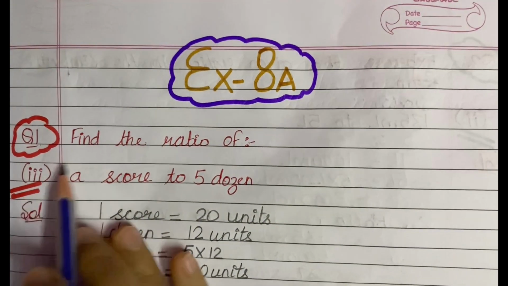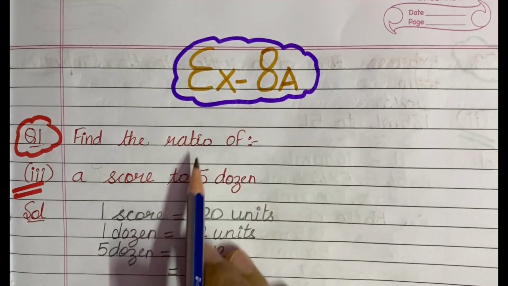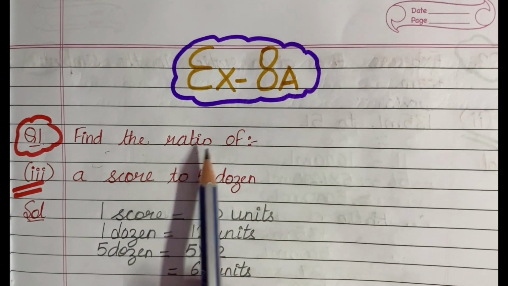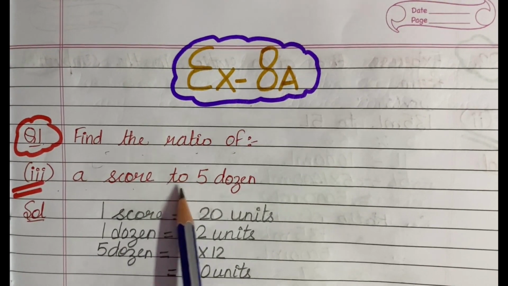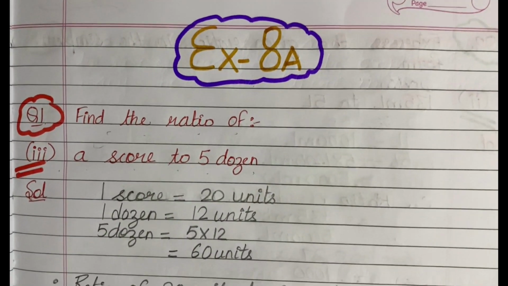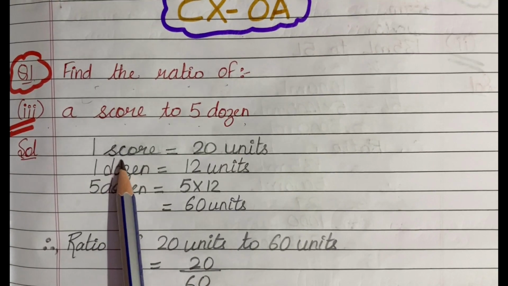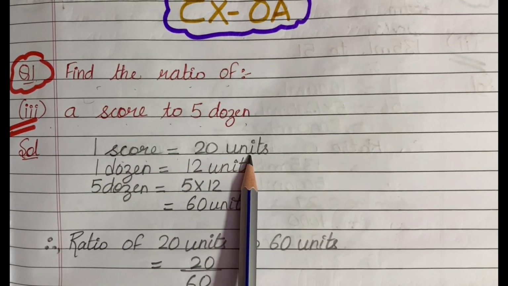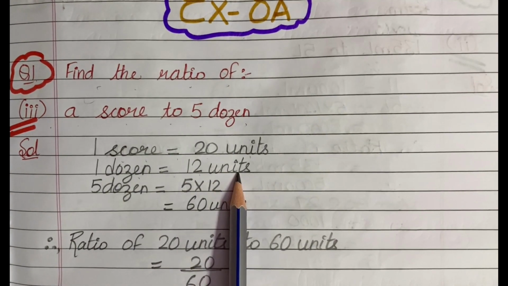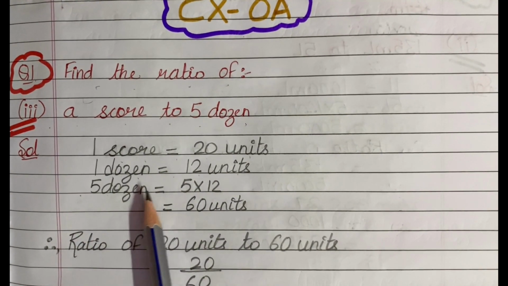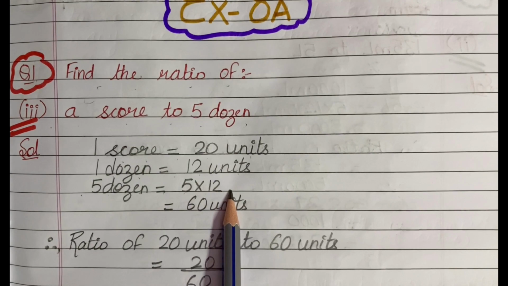Question number 1 of exercise 8a says that find the ratio of, and the third part is a score to 5 dozen. Now students, we already know that 1 score is equal to 20 units and 1 dozen is equal to 12 units. Therefore, 5 dozen is equal to 5 multiplied by 12, that is equal to 60 units.